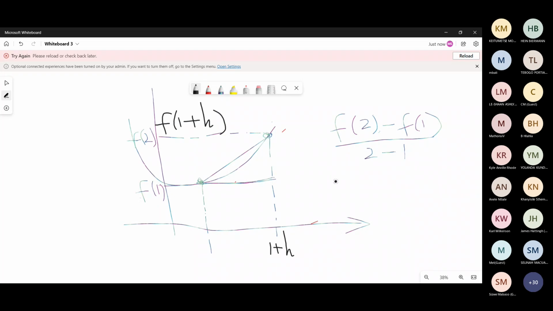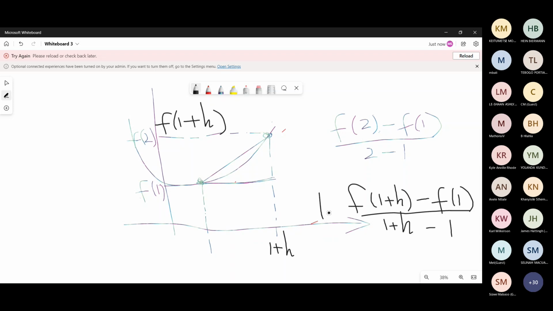Now we have the difference f of 1 plus h minus f of 1, the difference between the two images, and you divide by the difference between the two initial points, 1 plus h minus 1, which is simply h.